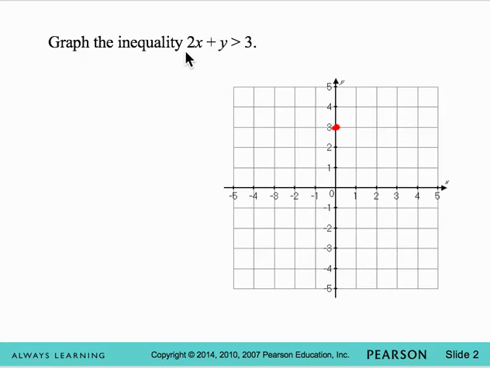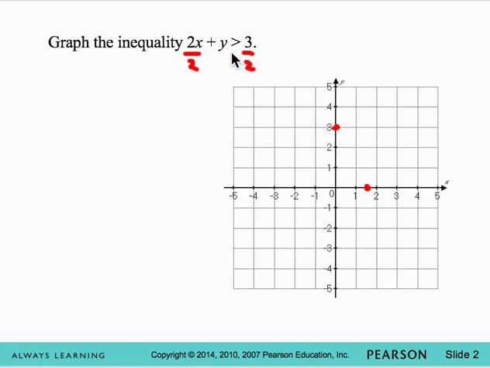Oh, 3 over 2. Right? So x would be 3 over 2, which is 1.5. If you want to solve that thing for y and do the slope intercept, you could do that. Okay, but that would require some extra steps.